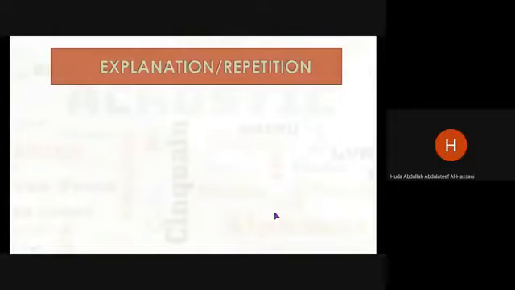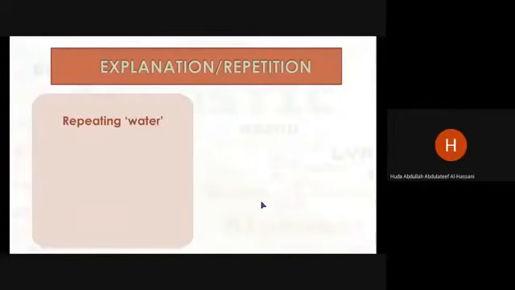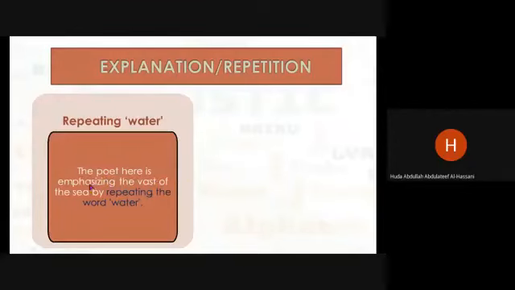Moving on to the explanation of these two lines. Well, at first, the poet is repeating the word water. The poet here is emphasizing the vastness of the sea by repeating the word water.